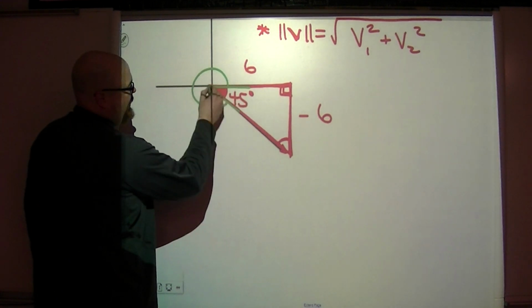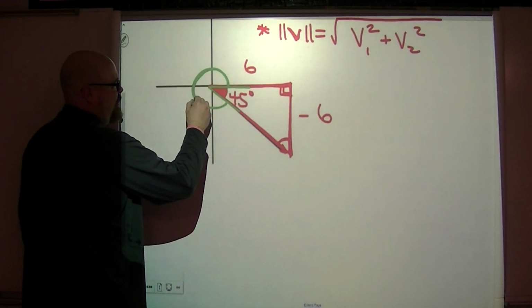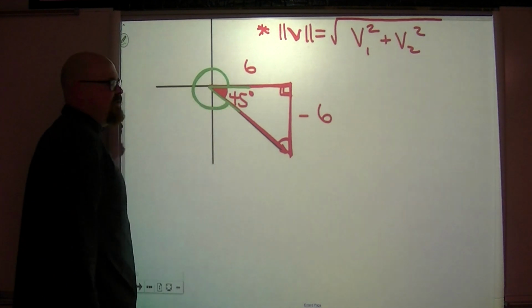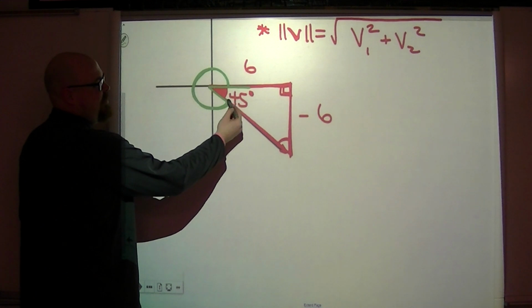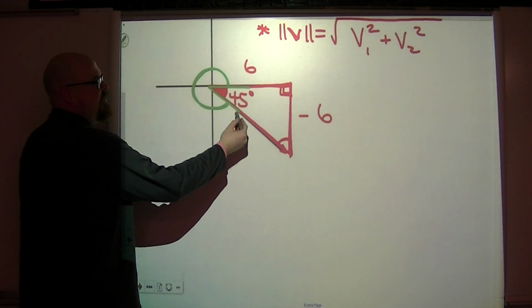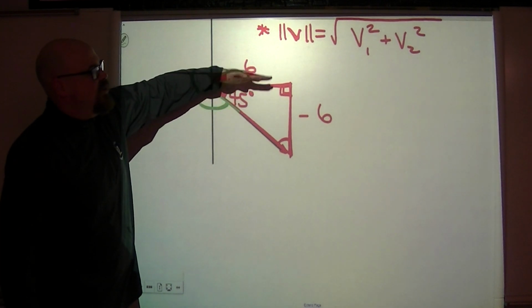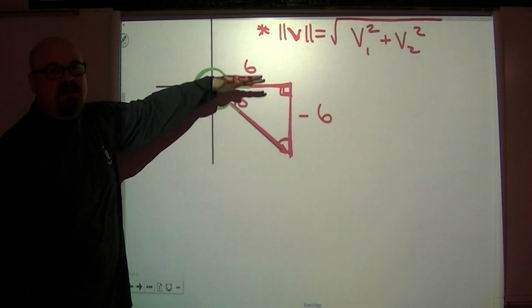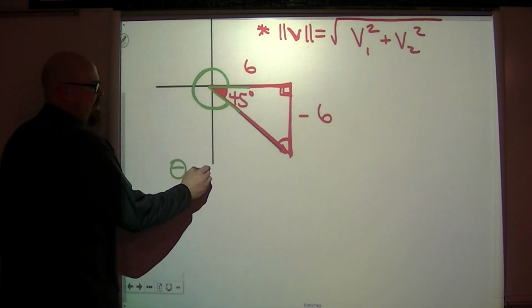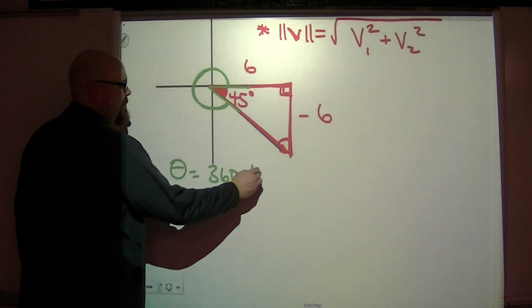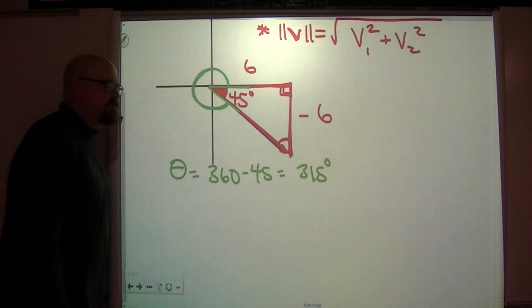So the vector that goes down here starts here, swings all the way through all of this, and stops in that space. If this part is 45 degrees, that means this entire angle is 45 degrees short of finishing that full rotation. So the direction angle here, theta, is 360 minus 45, which is 315.